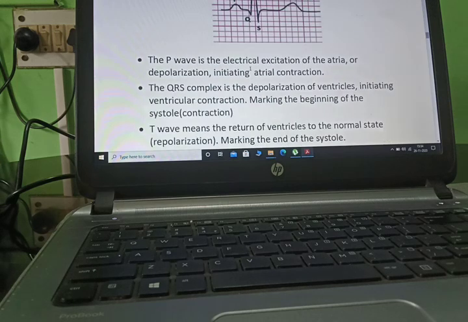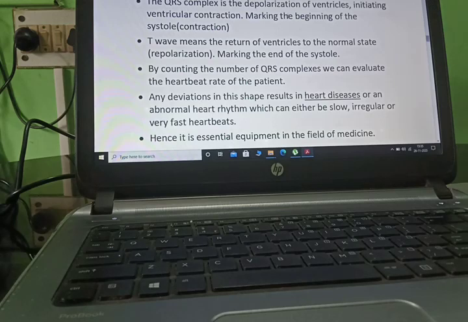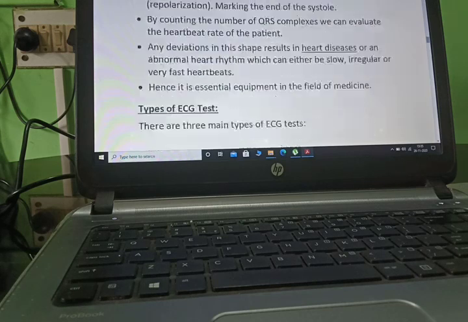T wave means the return of the ventricle to the normal state, that is known as repolarization, marking the end of the systole. Here contraction completes. By counting the number of QRS complexes, we can evaluate the heartbeat rate of the patient.